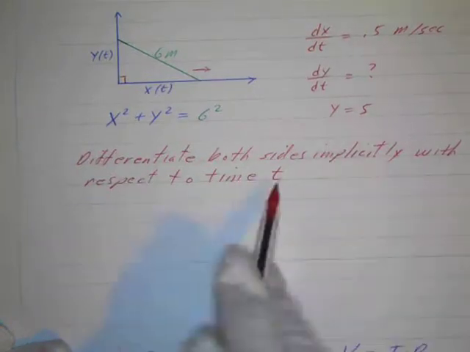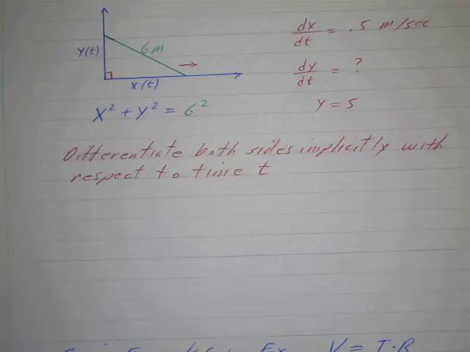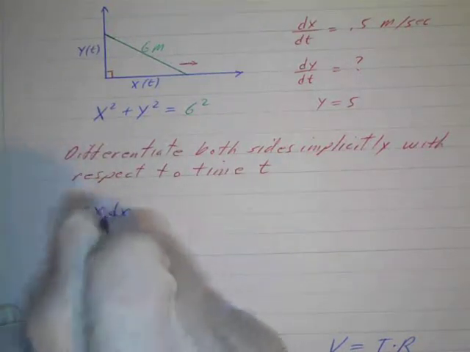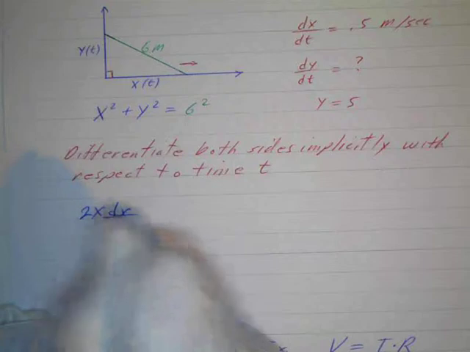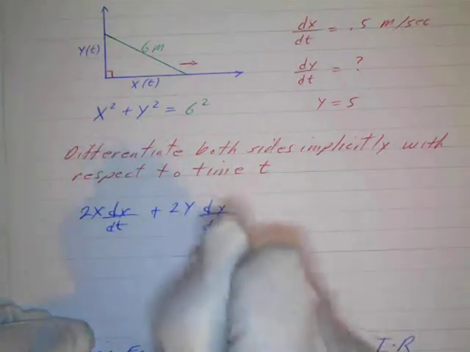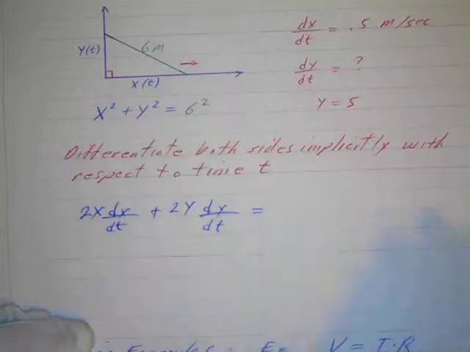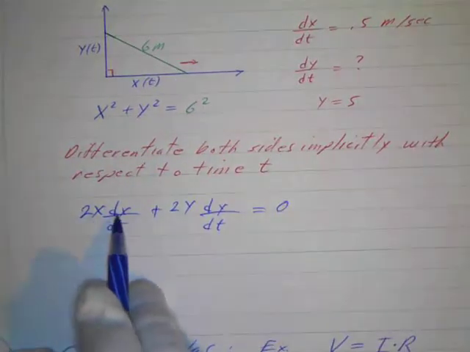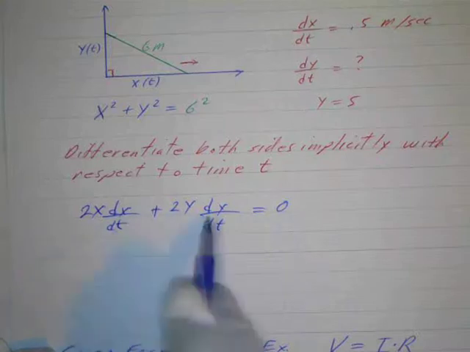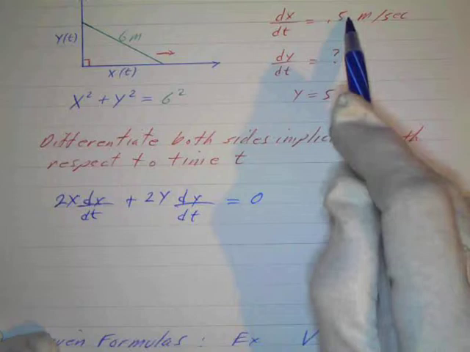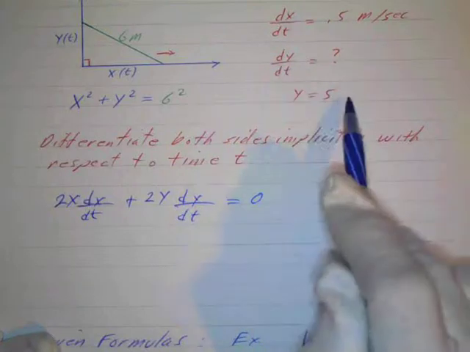So what we're going to do is differentiate both sides of this implicitly with respect to t. If I take the derivative, this is going to be 2x dx dt plus 2y dy dt. And that's going to equal, and what's the derivative of 36? 0. So now we have our x, our dx dt, our y, our dy dt, so we have 4 quantities, and we have the dx dt, and we're looking for the dy dt.